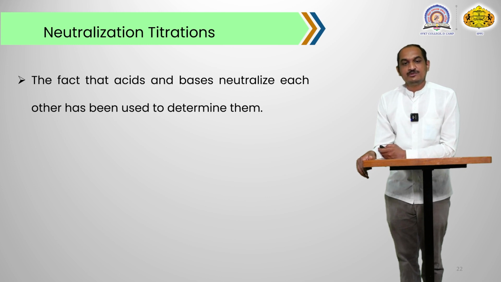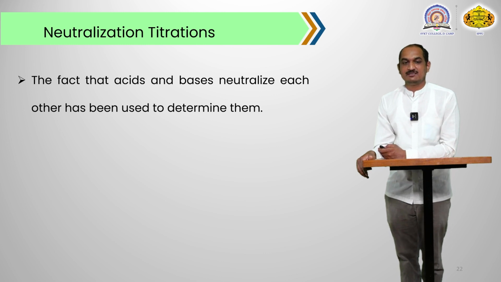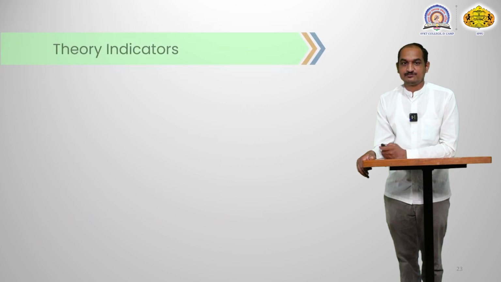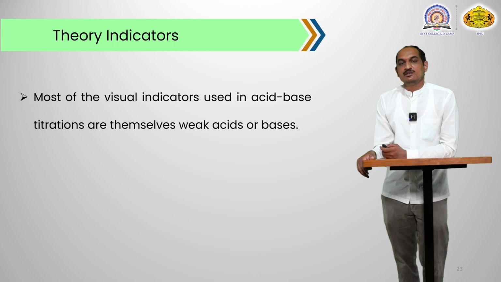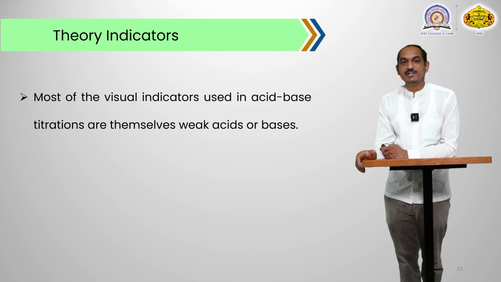In that, we know that the fact that acids and bases neutralize each other has been used to determine them. And the equivalence point, or the stoichiometric or theoretical endpoint of this titration, can be determined with the help of substances called neutralization indicators or acid-base indicators. So the next important point is the theory of indicators.